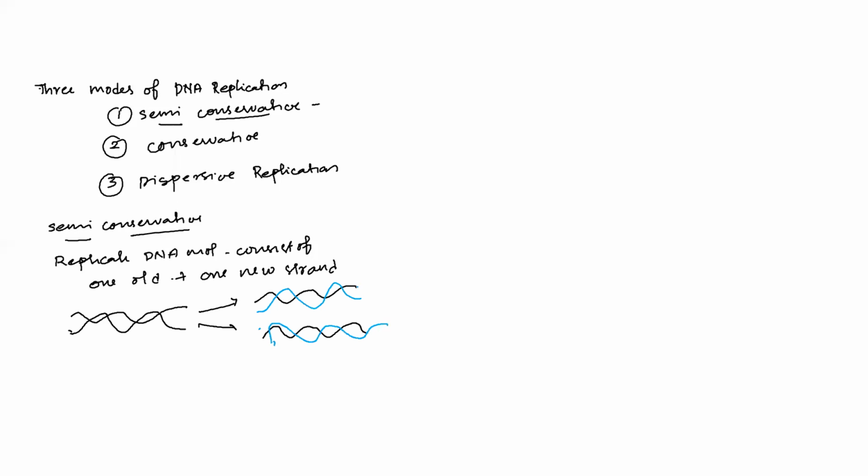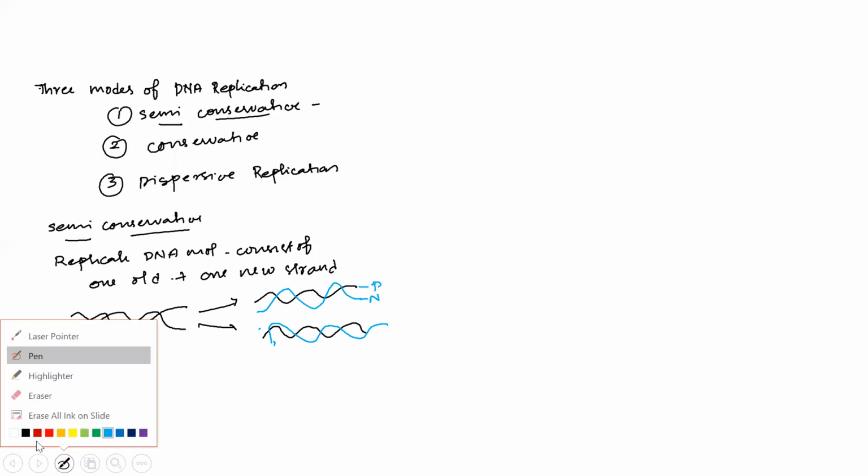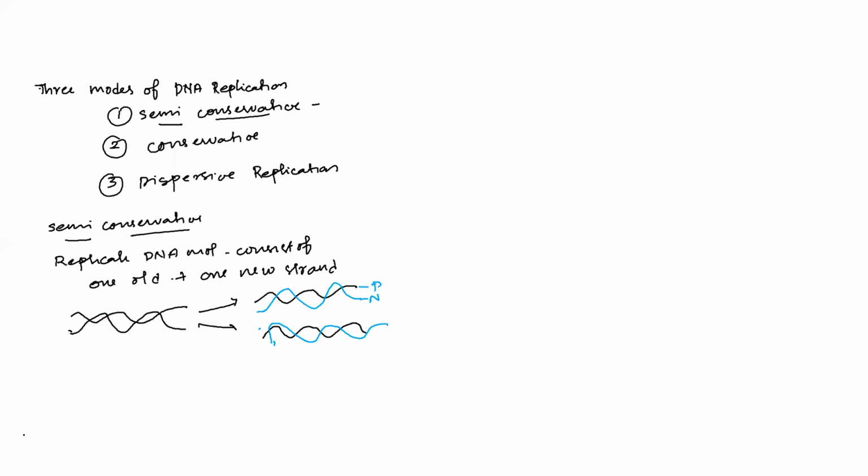So basically you have a parental strand and this is the newly synthesized strand. So this type of replication is known as the semi-conservative method of replication.